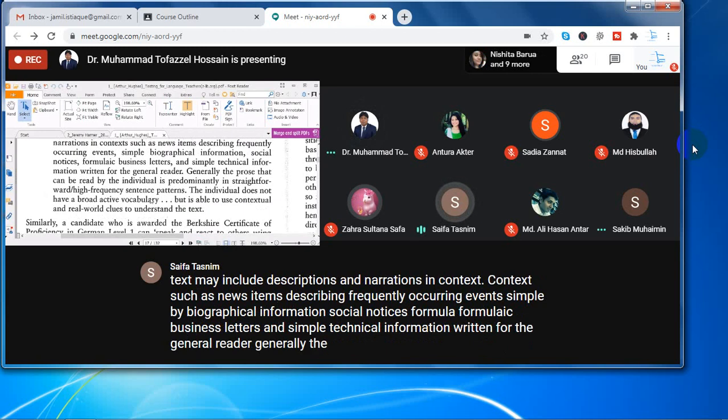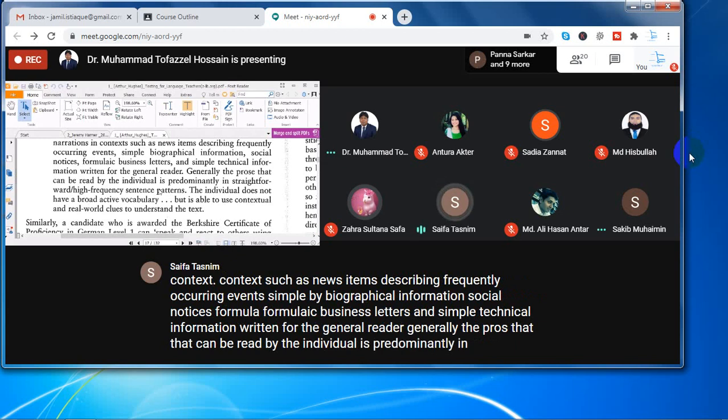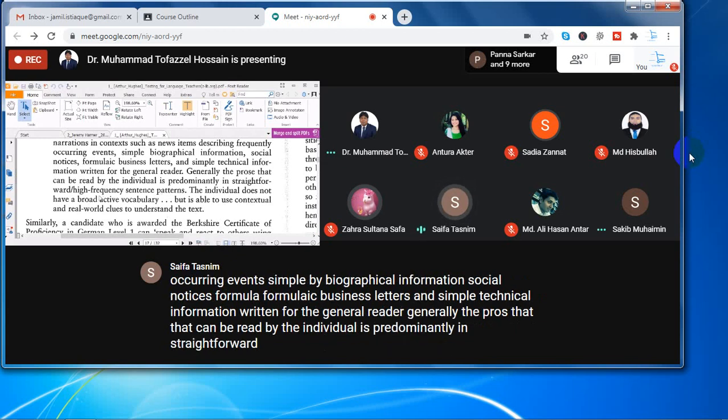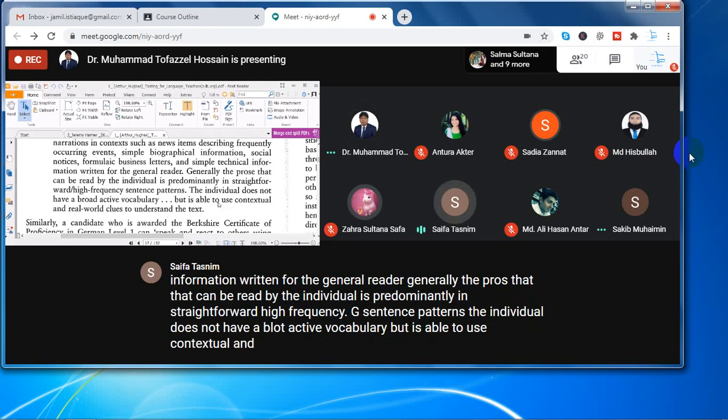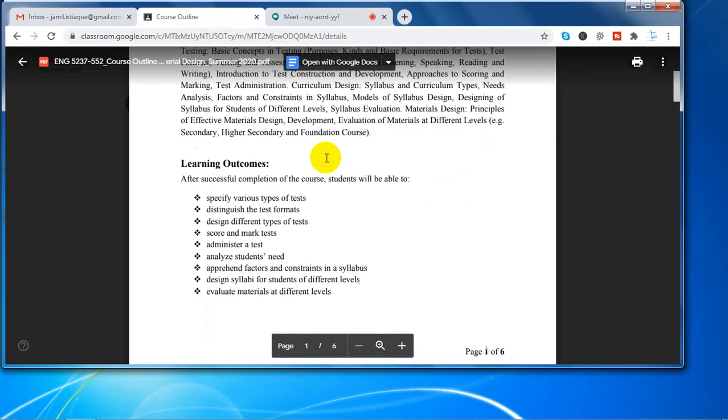Generally, the prose that can be read by the individual is predominantly in straightforward, high-frequency sentence patterns. The individual does not have a broad active vocabulary, but is able to use contextual and real-world clues to understand the text. Okay. So you see, this is what.